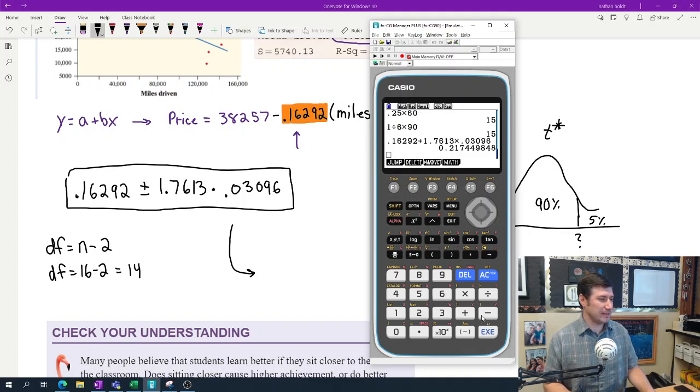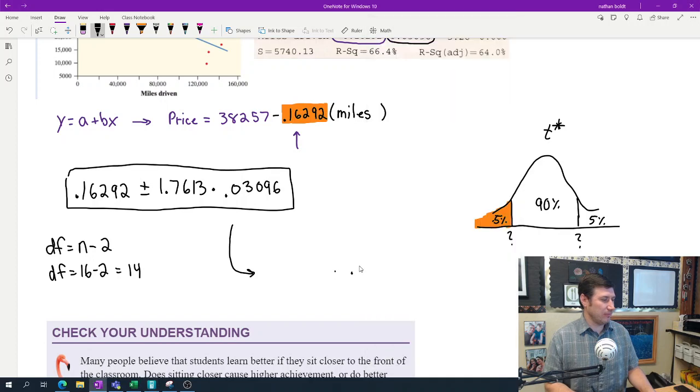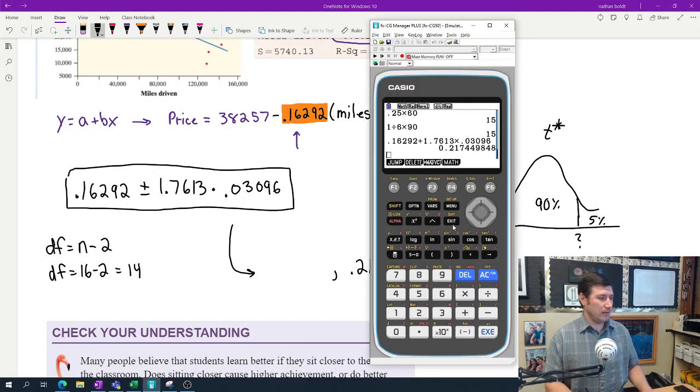That's the plus, right? That's the bigger one. So 0.2174. And then 0.16292 minus 1.7613 times 0.03096. 0.1084.